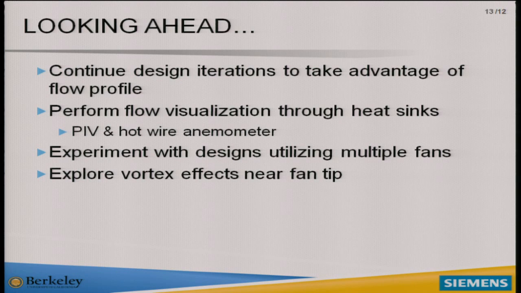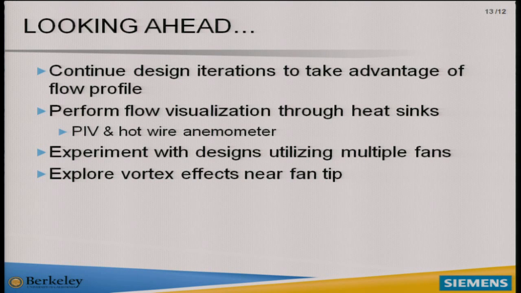We're continuing our design iterations, looking at different designs, and trying to take advantage of the flow profile that we know now. We'd like to evaluate the flow profile in our different designs and heat sinks, and then continue doing some of this flow visualization work. Finally, we're experimenting with different designs, using maybe multiple fans to increase that cooling coefficient.